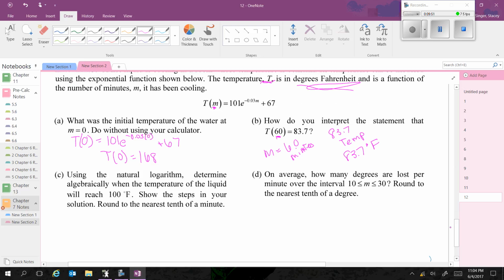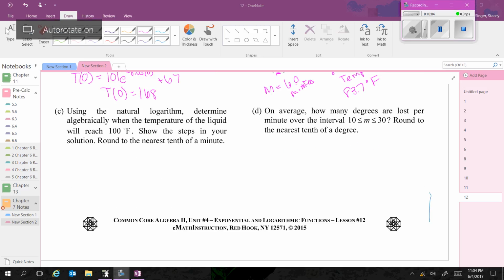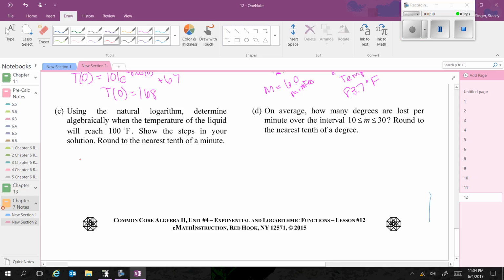Using the natural log, determine algebraically when the temperature of the liquid reaches 100 degrees Fahrenheit. Show your steps in your solution and round to the nearest tenth of a minute. So this is the second to last problem for logs, which is exciting. I want to know when it reaches 100.